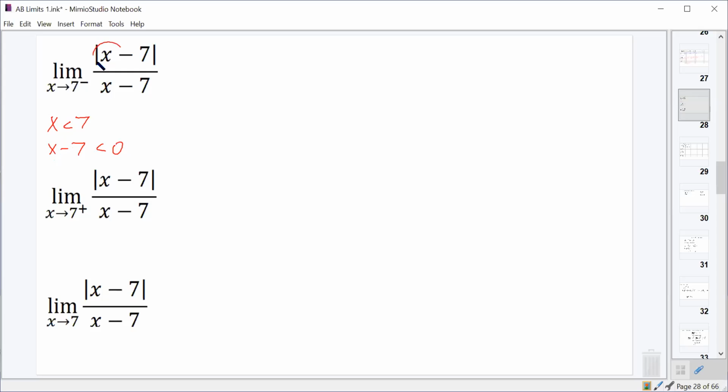And we are concerned about x minus 7 because that's the thing that's inside the absolute value. So if we have this limit and we know that x minus 7, the thing inside the absolute value, is always negative, when we take its absolute value, we get the opposite of it.